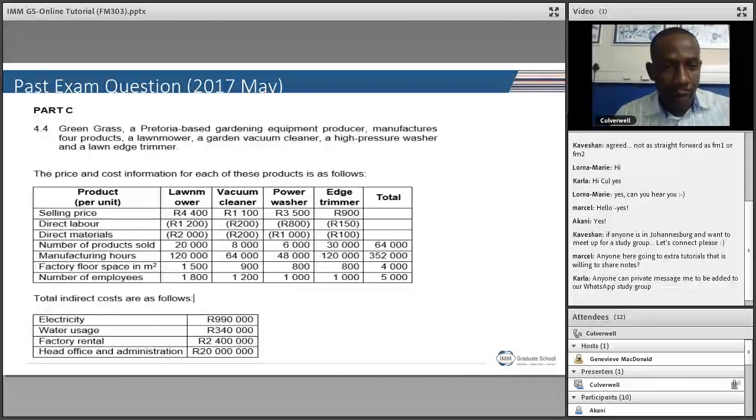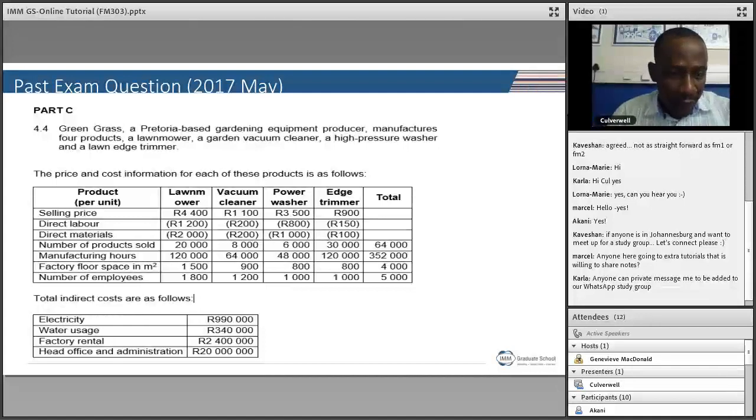When I'm looking at electricity, surely your manufacturing hours are the ones that determine how many kilowatts one will be using towards production. So our activity driver for electricity is going to be your machining, your manufacturing hours.